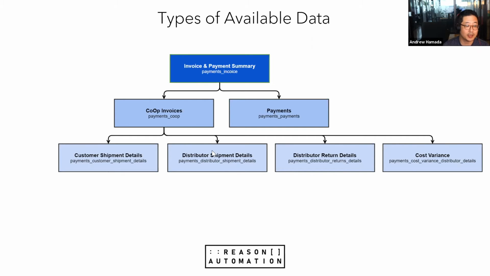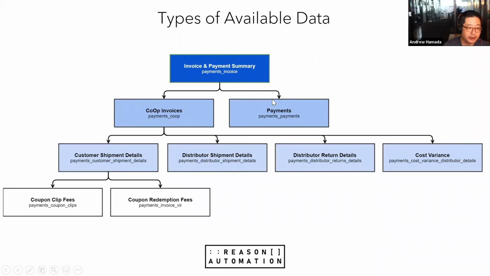The next is distributor shipment details, which trigger when the vendor ships something to Amazon. Distributor return details trigger when Amazon returns something to the vendor and needs to undo one of the co-op triggerings from the shipment. And last is cost variances. Correct. Got it. And I believe we have one more layer.